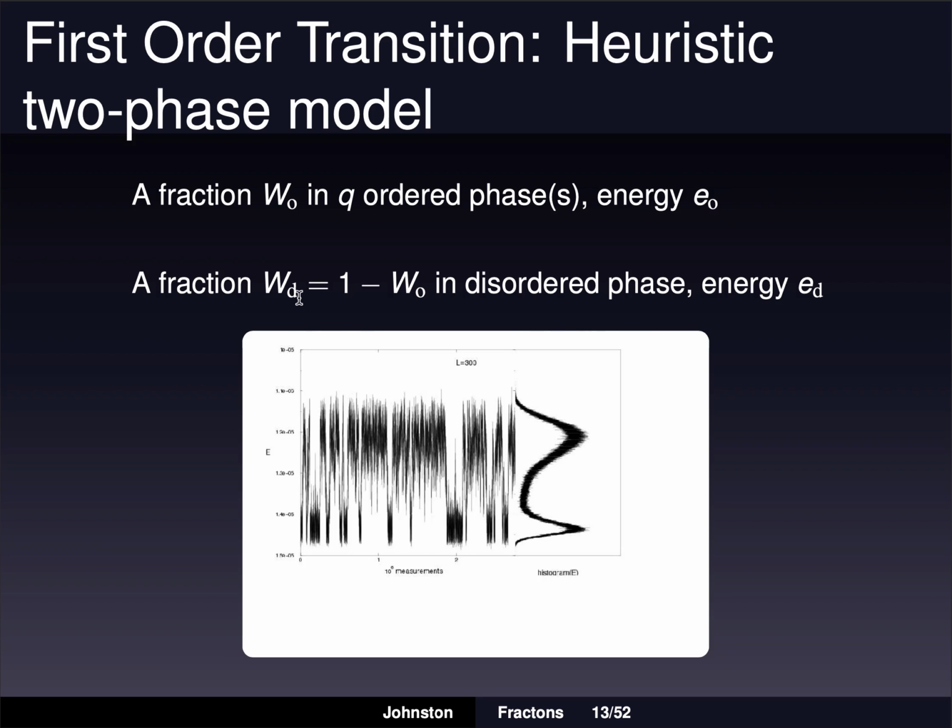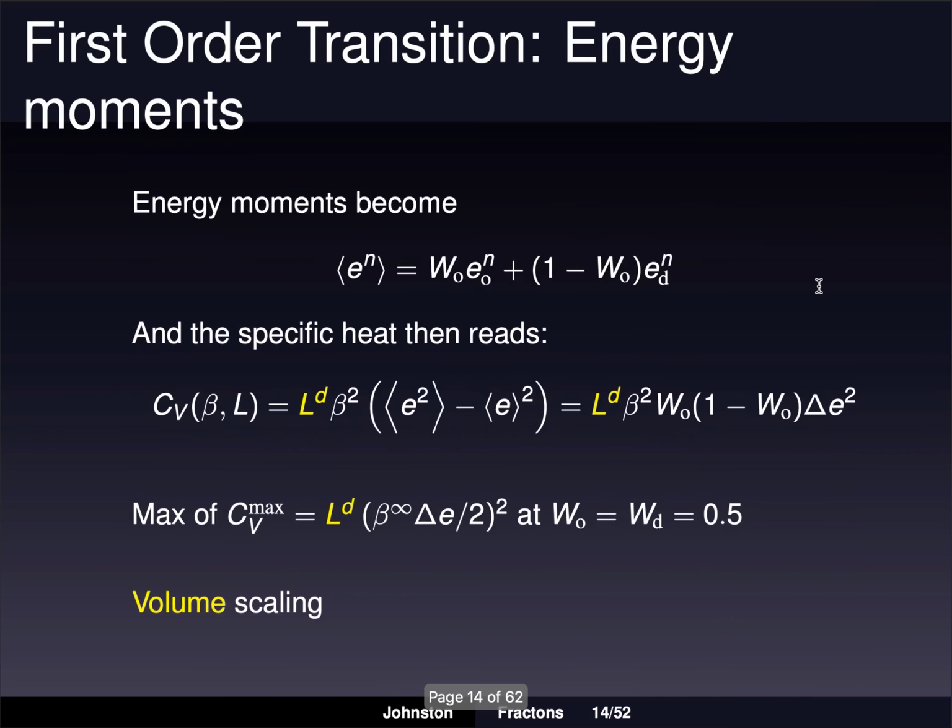That means there'll be a fraction 1 minus WO in the disordered phase with some other energy, ED, for disordered energy. So the energy moments trivially become this. I simply weight the ordered and the disordered values by the appropriate fractions.